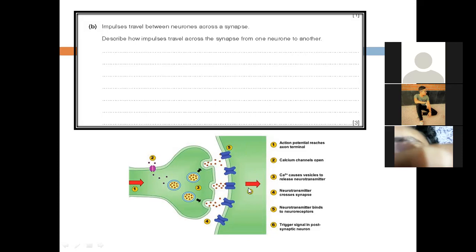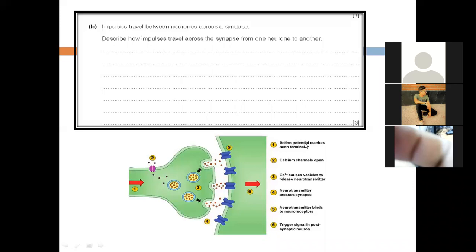It means impulse now starts traveling through this postsynaptic nerve. Impulse is actually the flow of these ions. So now the sodium is inside the postsynaptic nerve. This is the way through which impulse travels from one neuron to another neuron.